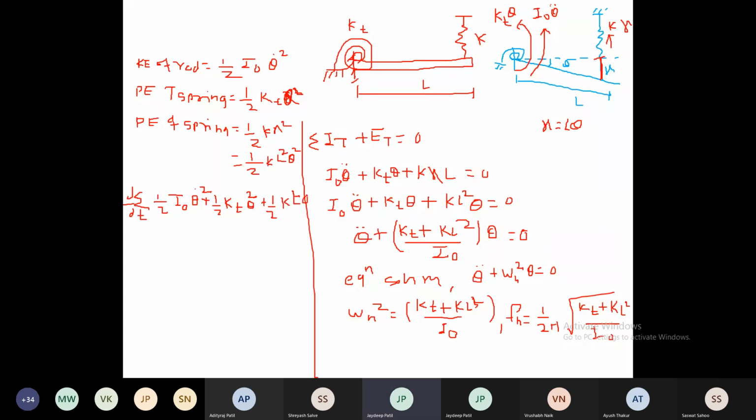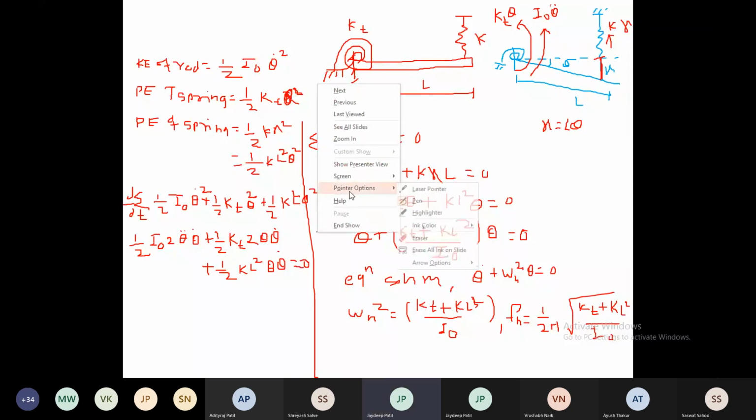Okay, and if we differentiate, what will come here: 1 upon 2 IO 2 theta double dot theta dot plus 1 upon 2 kt into 2 theta theta dot, and I will write here below plus 1 upon 2 kl square theta theta dot is equal to 0.